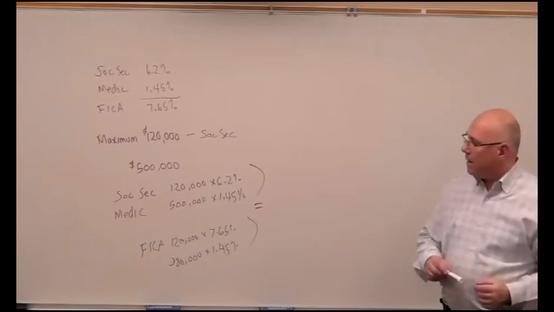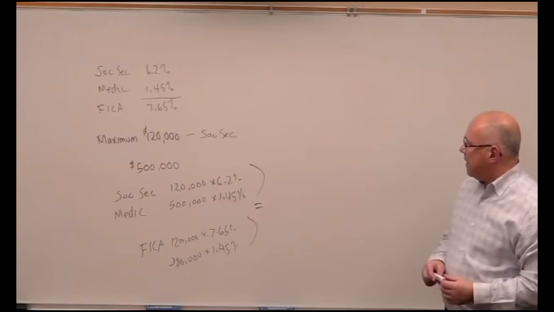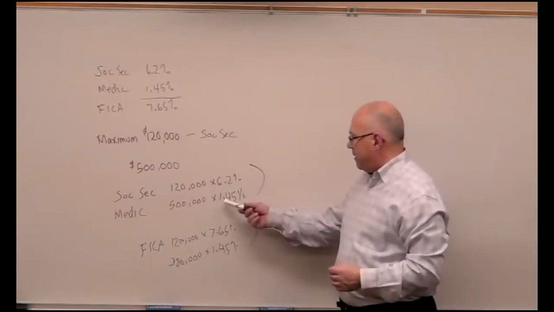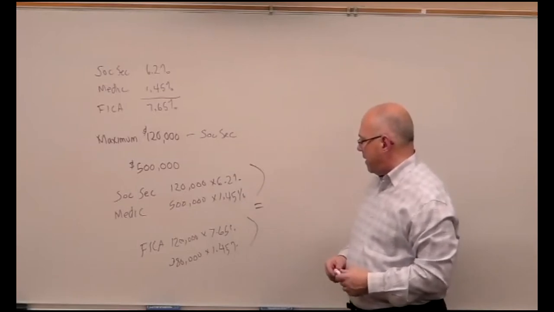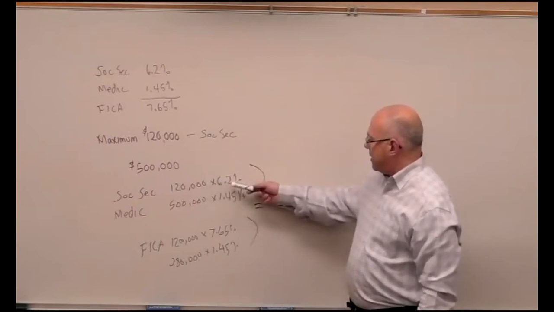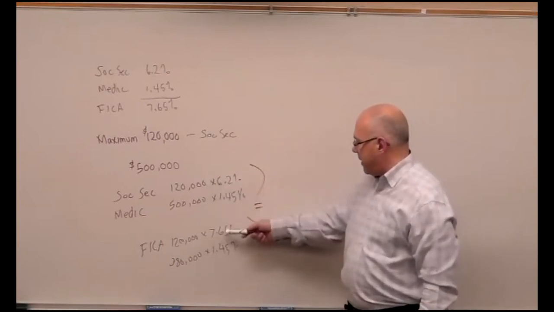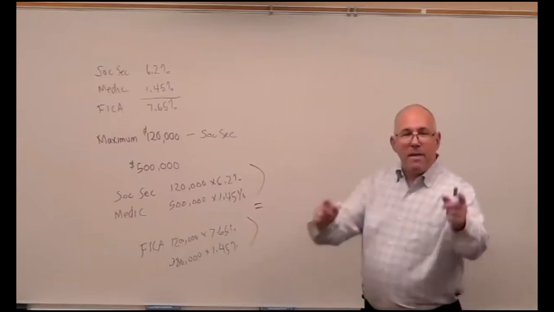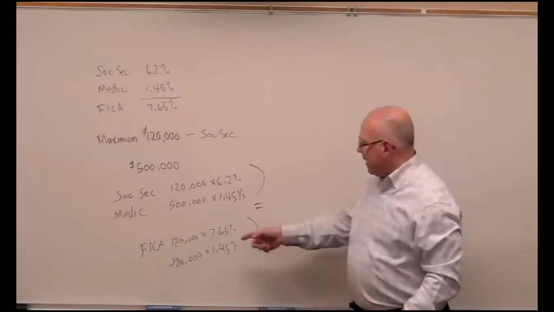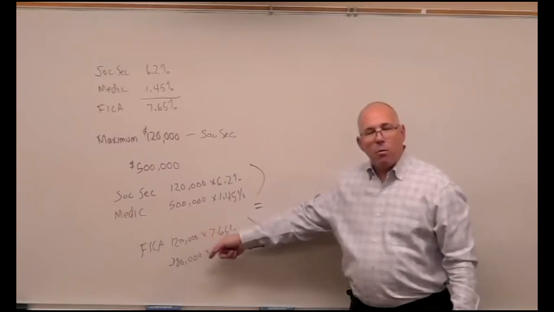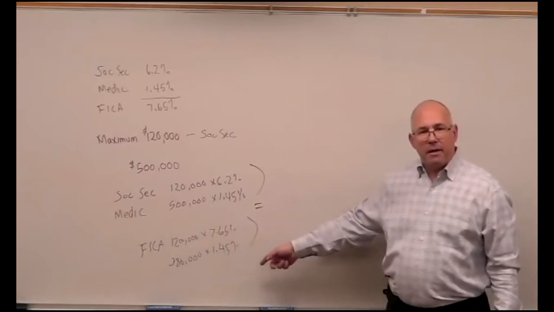In the first one, you multiply 500 by 1.45, and in the second it's 380. But in the first case, it's only 120 times 6.2, whereas in the second it's 120 times 7.65. The way they phrased it in the question was FICA of 7.65 on the maximum, 1.45 thereafter.